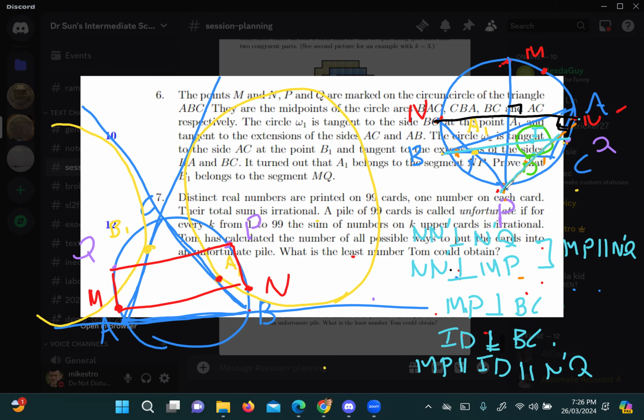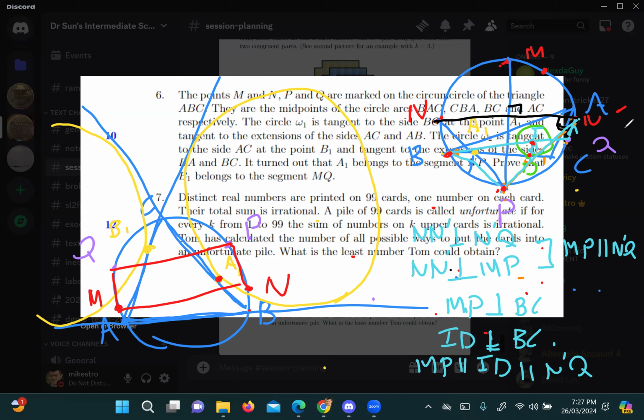And we know that NQ is parallel to ID. This is Reim's theorem, but we can also angle chase. So we can angle chase that B, I, D, P is concyclic.